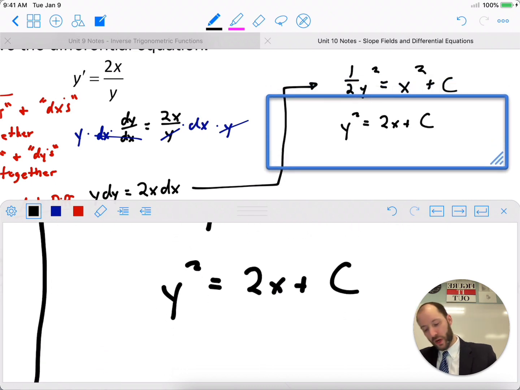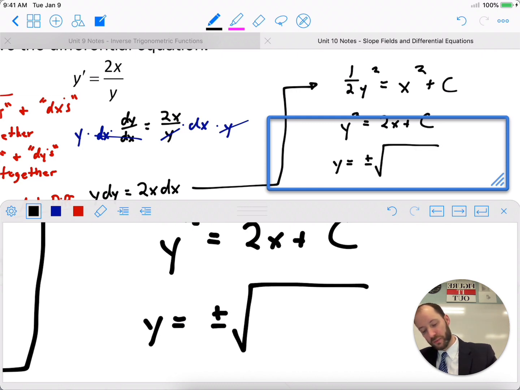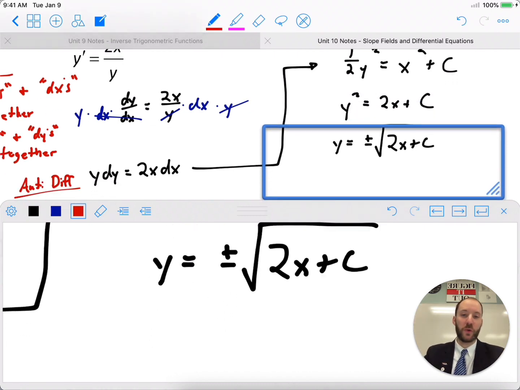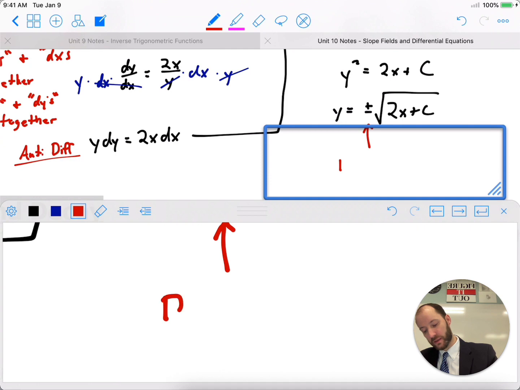And then square root. Y becomes, now these are differential equations, not differential functions. So equations, when you square root, plus minus. And you have to put the plus and minus in there for the equation. But either the plus or minus will be determined if you have a c value.